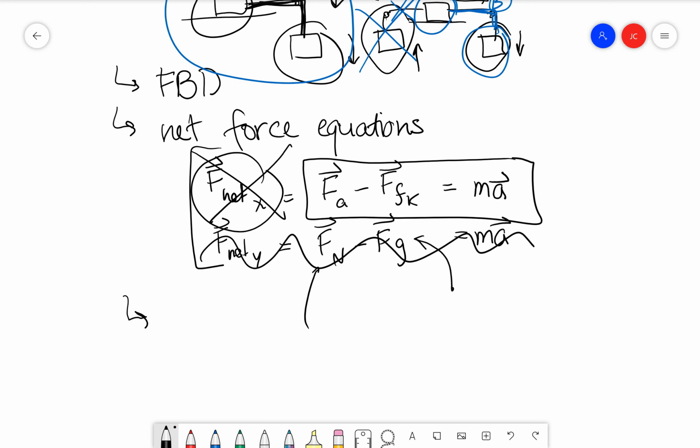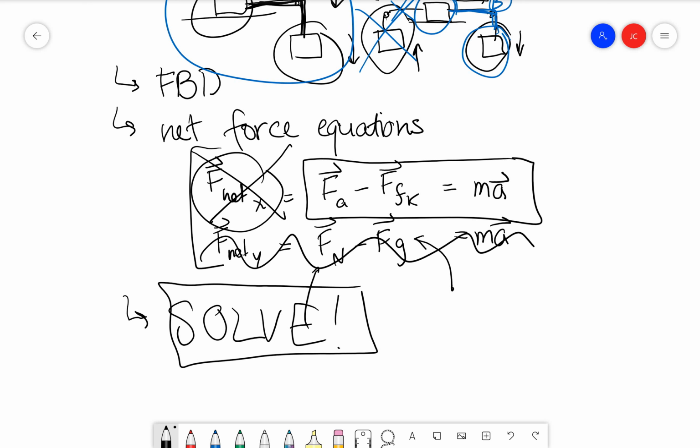Unfortunately, the last section of this is probably the least useful, and that is you need to solve the problem, which seems like just some fantastic advice. But what this really means now is looking at all the information you have. You have free body diagrams, you have net force equations, maybe they're even equaling mass times acceleration.